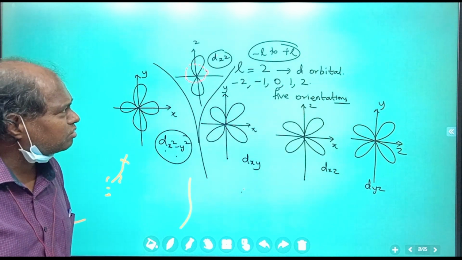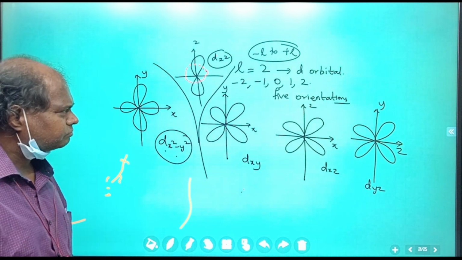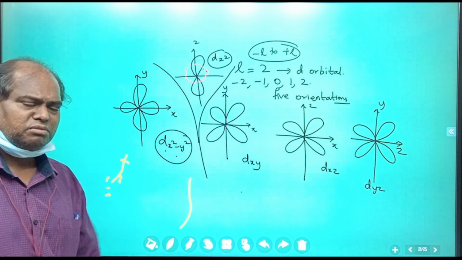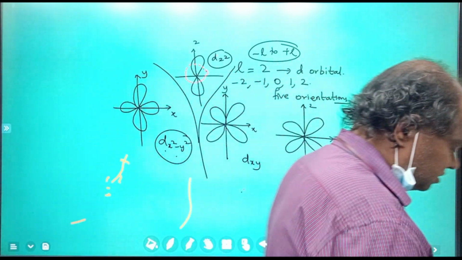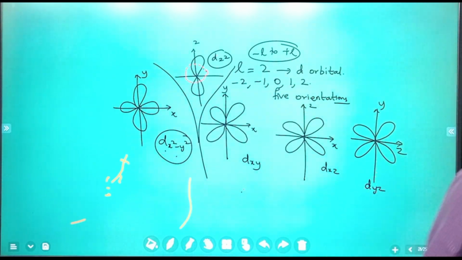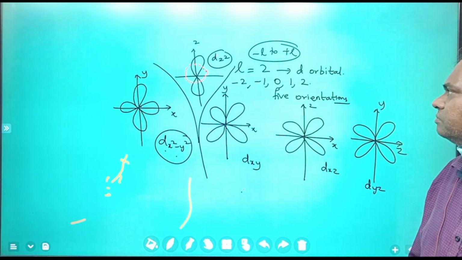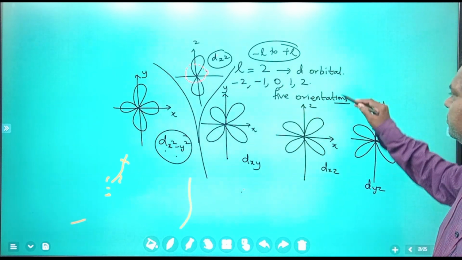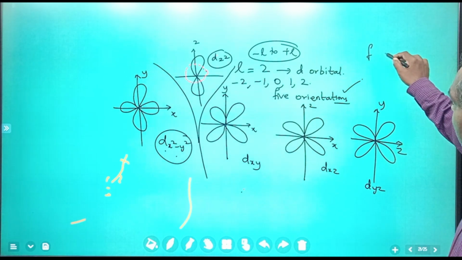So you have got 5 orbitals now, right? You can give any number, no problem. Minus 2, minus 1, 0, 1, 2, you can give any number. So d orbital will have 5 orientations. 5 orientations are there. Clear? Similarly, f orbital will have 7.